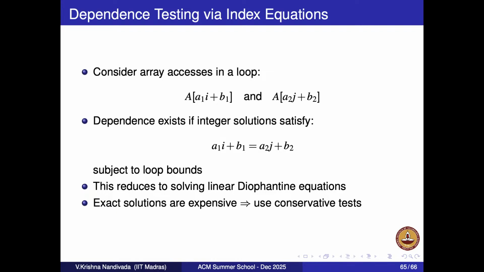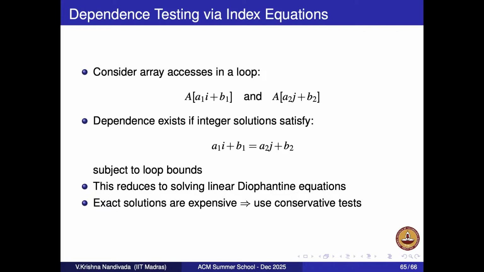Let me change the program slightly. Let us say this was only till 4. Then do I have a solution for this? I want a solution for this equation for two constraints. One, I1 not equal to I2, if I want to look for inter-iteration dependence.